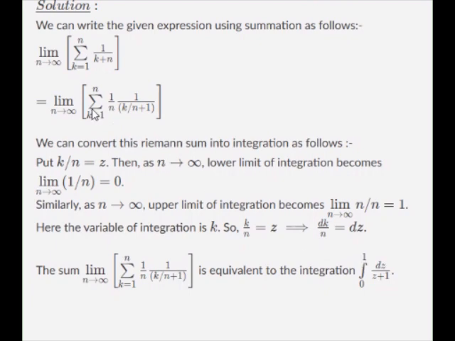The summation changes to the integration, and the upper limit and lower limit I have already told, and in the denominator we have put k by n as z. So therefore the expression here becomes 1 upon z plus 1. So this is the integral from 0 to 1 of dz upon z plus 1.